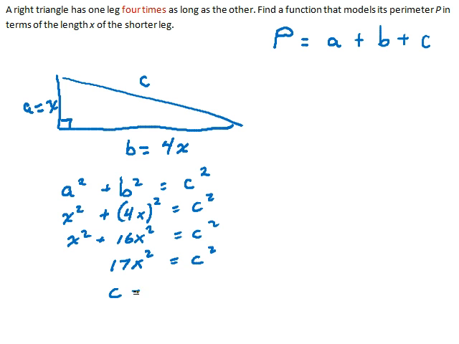So c would equal, using the square root principle, plus or minus the square root of 17x squared. And we only use the plus because c is the hypotenuse of a right triangle. So the square root of 17 times x.